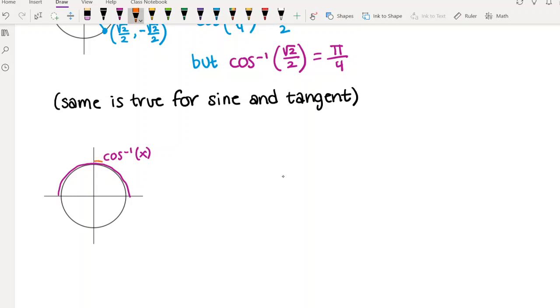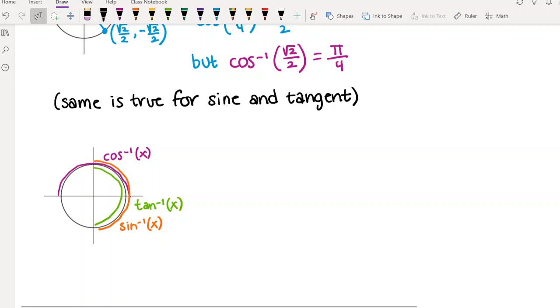I think I have to copy and paste this. When you're working with inverse sine, it gives you an angle between negative pi over 2 and pi over 2. And when you're doing inverse tangent, it also gives you an angle between negative pi over 2 and pi over 2. So if you notice, what do all of those have in common?